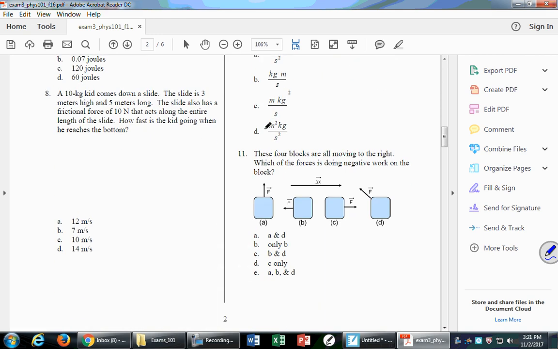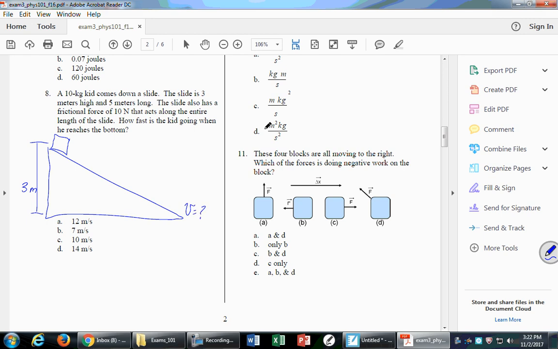Okay, this is a combination of work energy theorem and conservation of energy. So we have a couple of things going along. I'm going to work a different problem first. I got this kid, he's kind of a boxy kid, and he comes down a slide, and he starts at 3 meters high. Let's forget about friction for now and ask, what is his speed at the bottom?